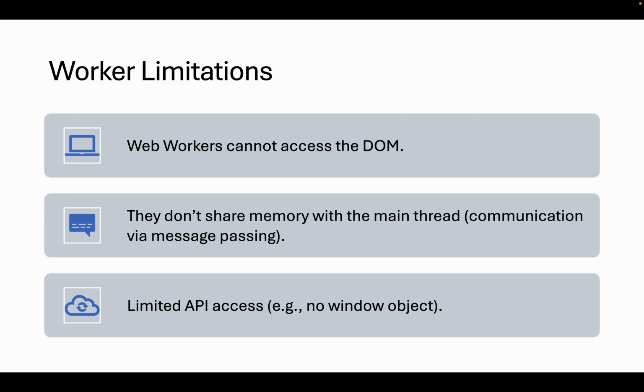It's postMessage and onmessage, and only serialized data can be shared via postMessage and onmessage. There are certain limits to the API access as well. There won't be any window object available in worker.js. So yep, that's also a challenge.